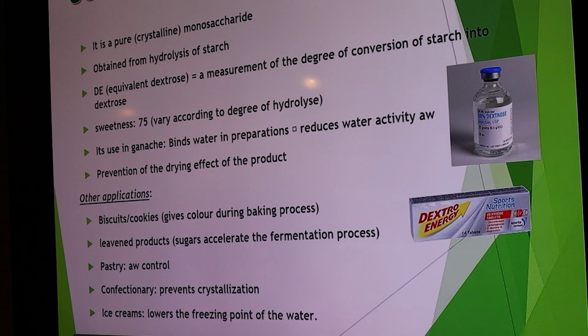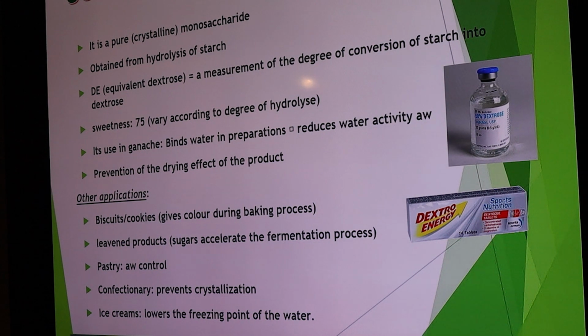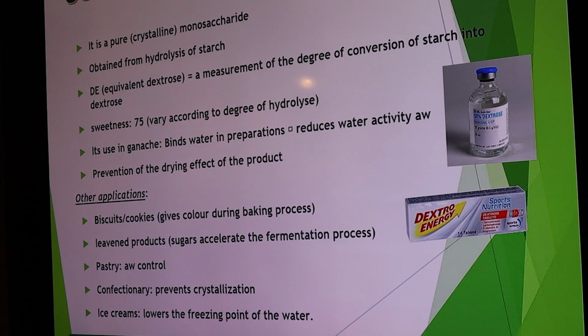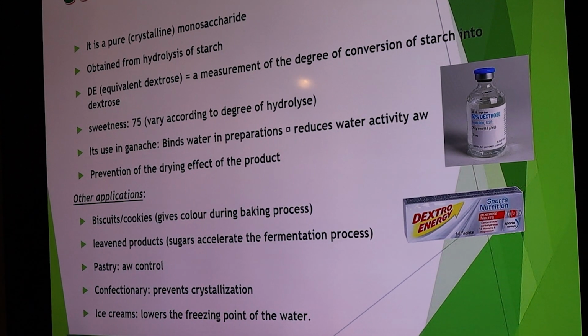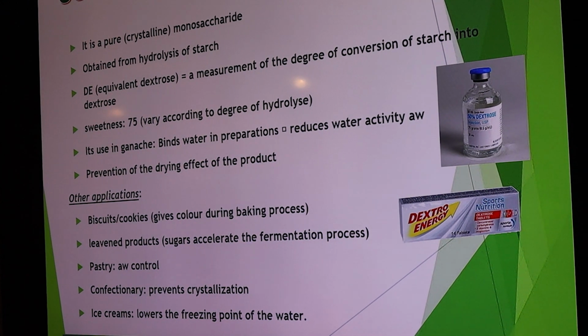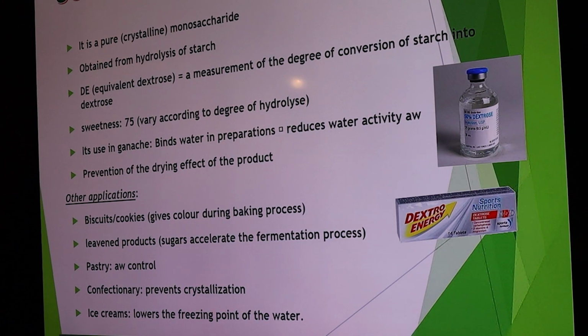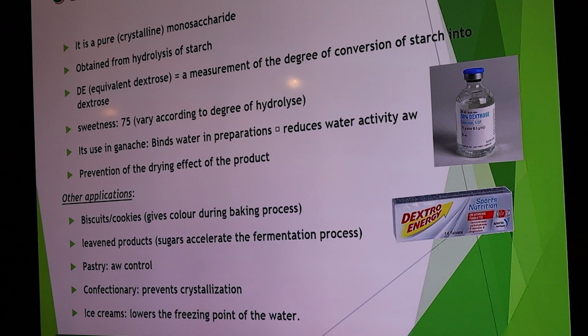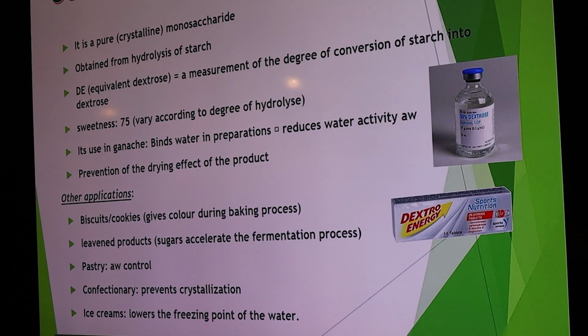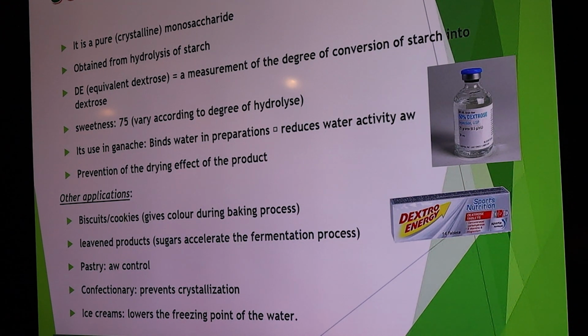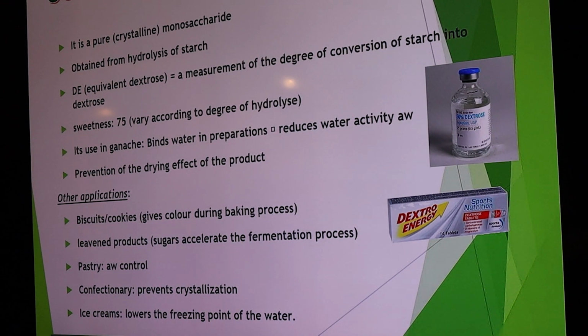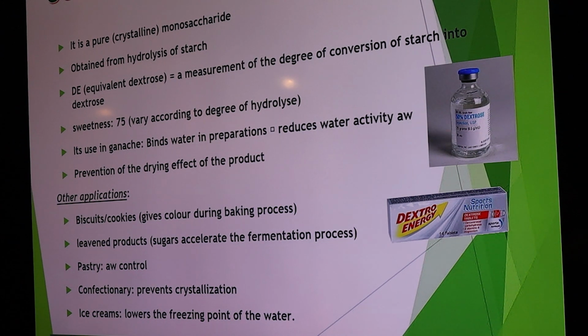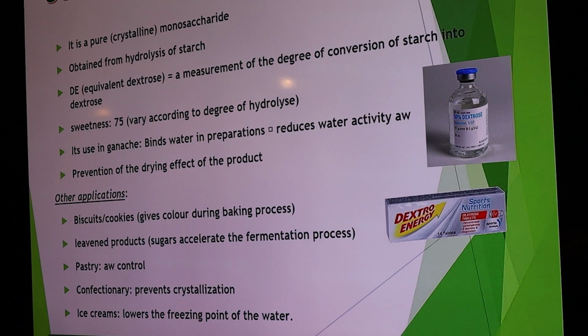So it is a monosaccharide, as you can see here, and that's why it's quite good for sport, because it goes direct into the engine. Sucrose, before it can be used, has to be split, because it's a disaccharide, so it has to be changed.